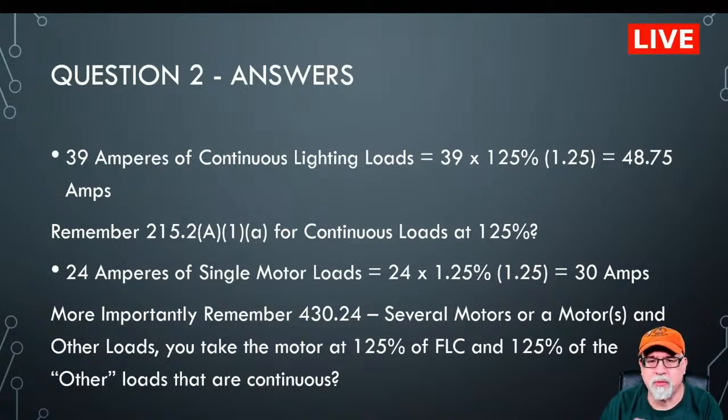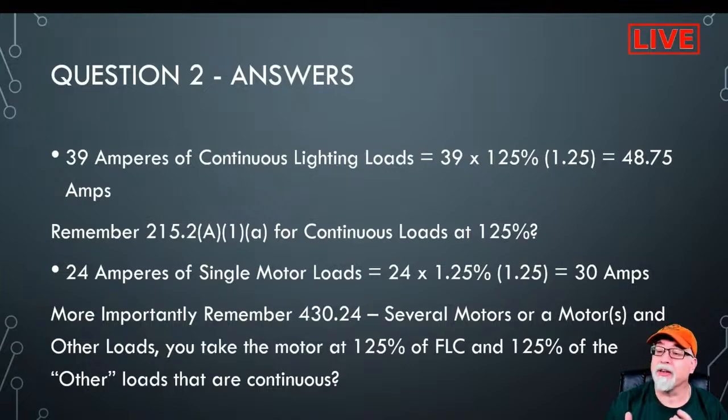But what we're doing is a motor and some other load, and so we would look at 430.24. What it says is several motors, or a motor or motors and other loads. Well, in this case, we've got motor loads and we've got other continuous loads. So what does it say at 430.24? Let's go look at it and then we'll come back.